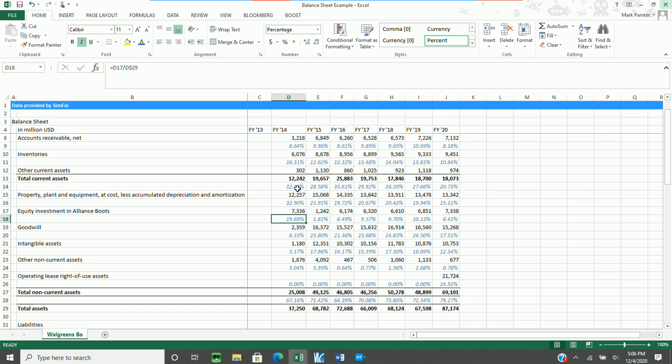So next, here's an equity investment in another company. You can see that that's a little bit more in depth, so we're not going to talk about that right now. Goodwill and intangible assets.